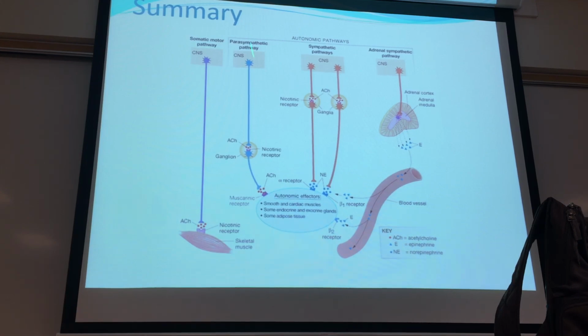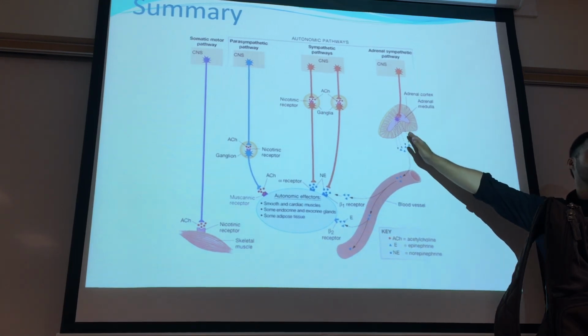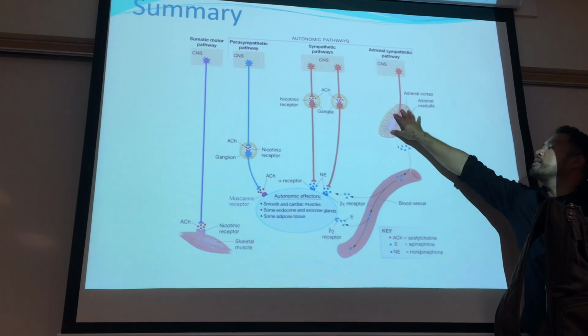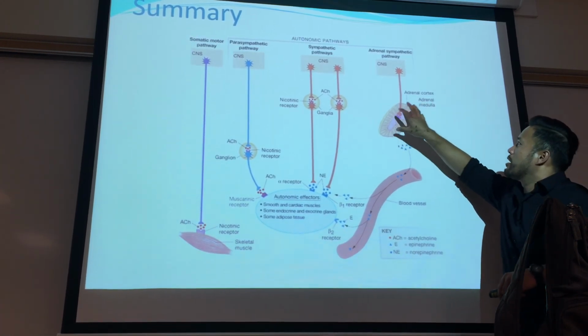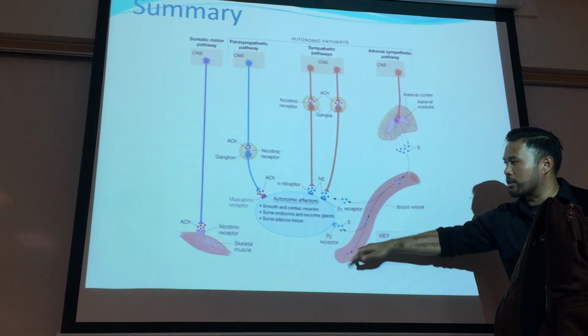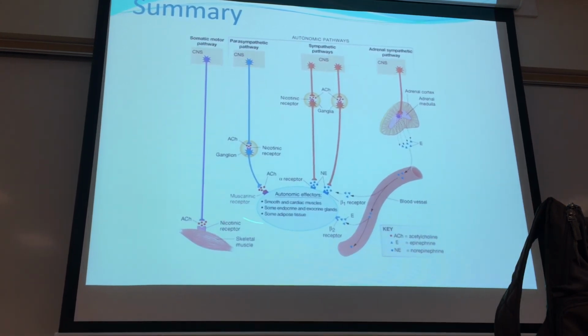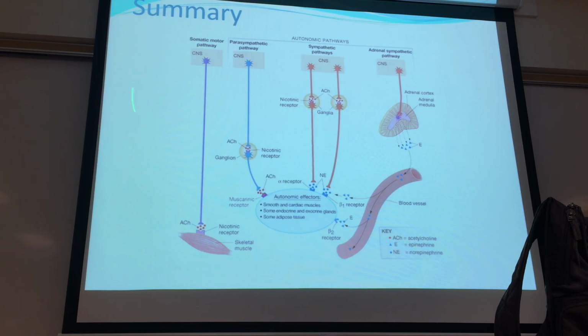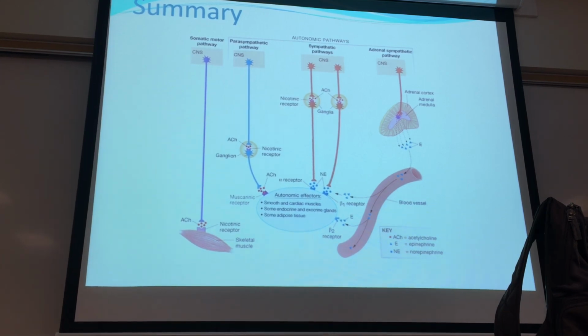The 2 pathways we talked about are the parasympathetic pathway and the sympathetic pathway. And then this is the adrenal pathway, which is the exception, where these preganglionic neurons innervate the adrenals specifically to send epinephrine through the circulatory system. So really take a look at these 3 and be able to differentiate between them.